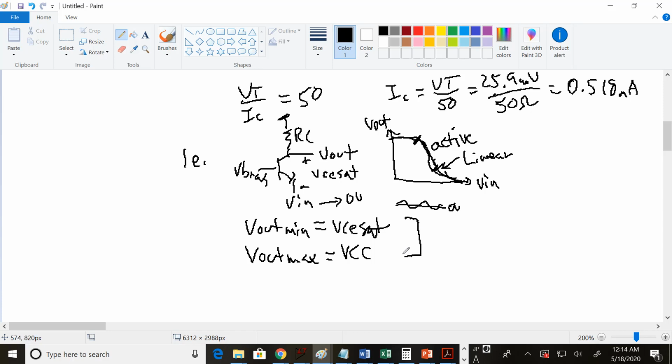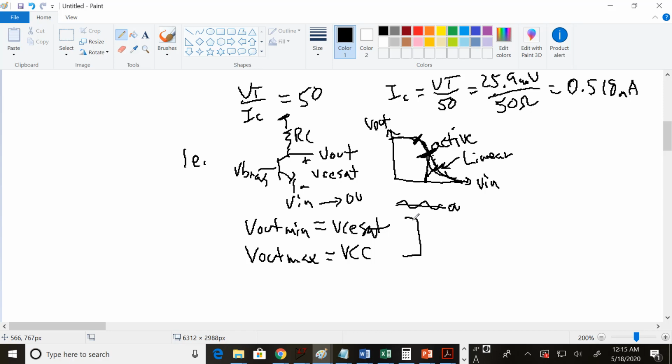To make it general purpose, you make the default value as the input to your amplifier. You make it so it puts it right in the middle between your V out max and your V out min.